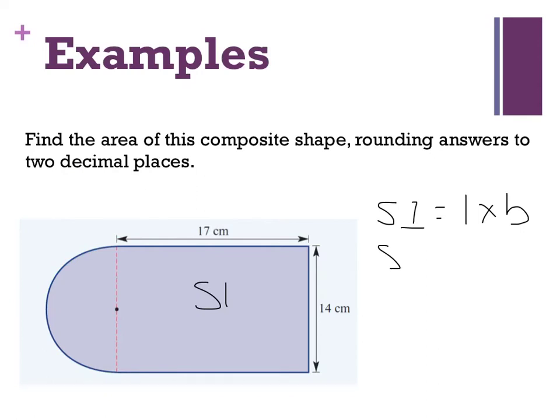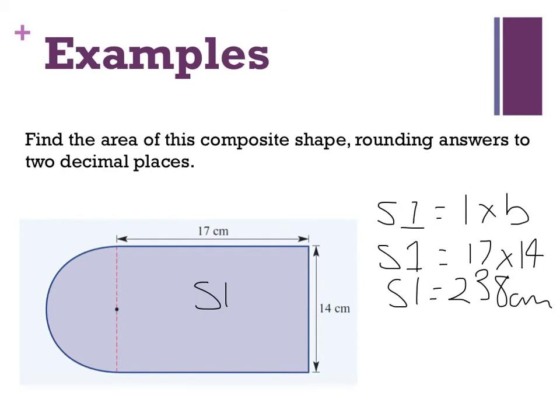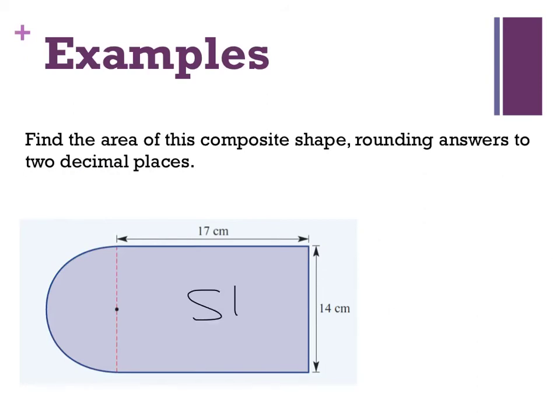So shape 1 is equal to 17 times 14, which gives me 238 centimetres squared. That's shape 1.